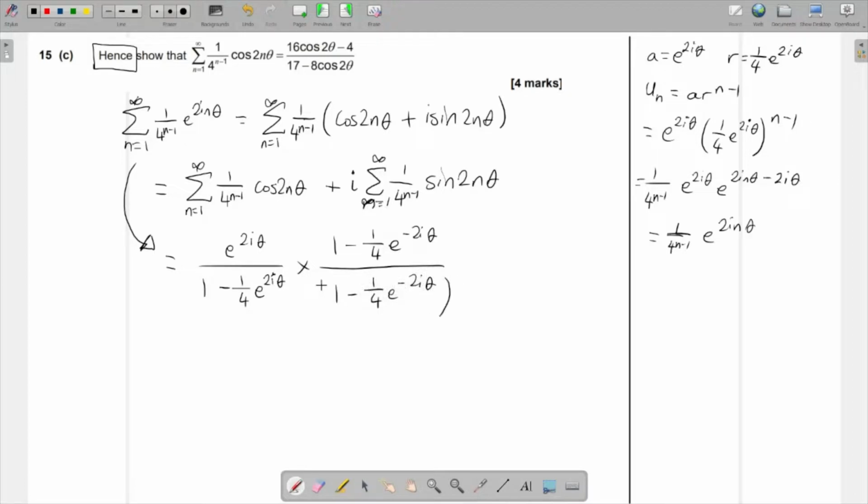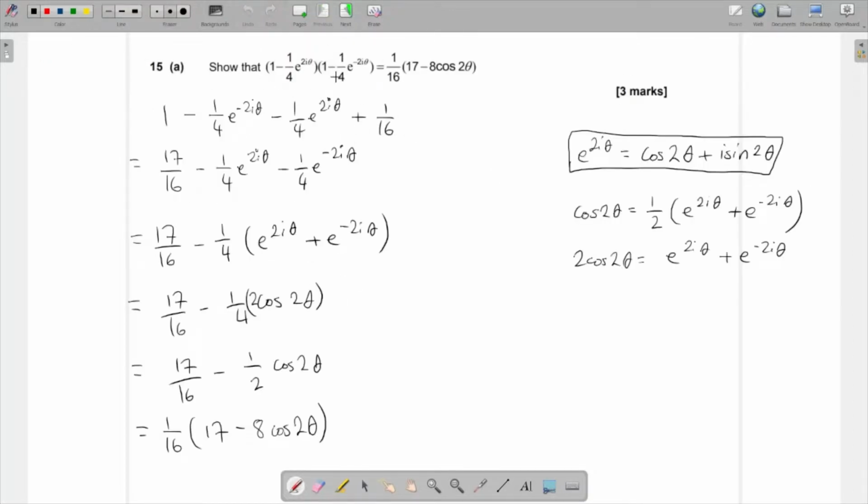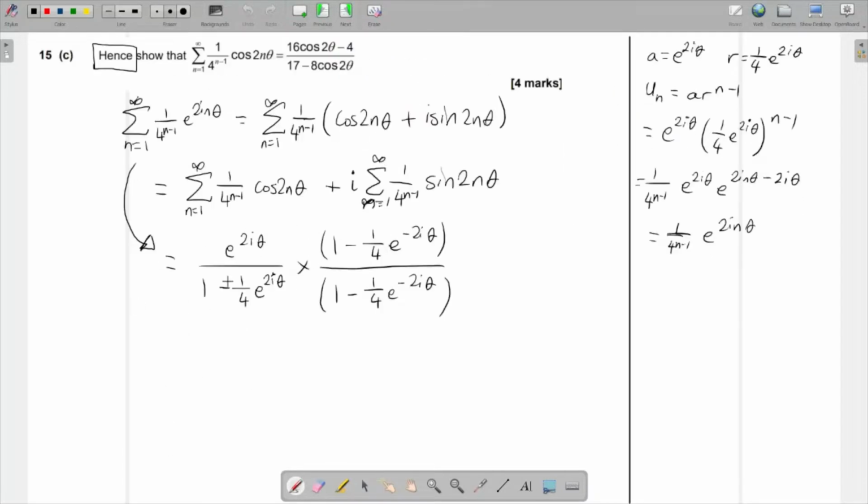You might be asking why. Well, this is something that we've done in part A, and we know it looks like this. Okay, so we're going to copy that as well. So the bottom part should be that, and the top part we just expand out as normal, and we see what we get afterwards.